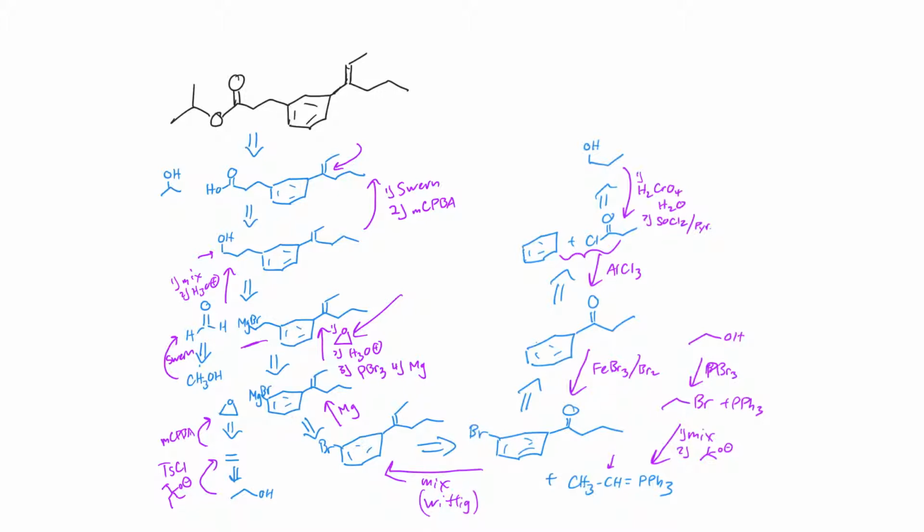So let's go back and do a little erasing. I'm not going to do the Wittig right here. I'm going to protect my carbonyl species. I'll use the Wittig later, so I made the Wittig reagent. I can still maintain that and use it in a few minutes. But I'm going to protect this carbonyl, and so that means I need to erase all of these here so I can turn them into acetals.